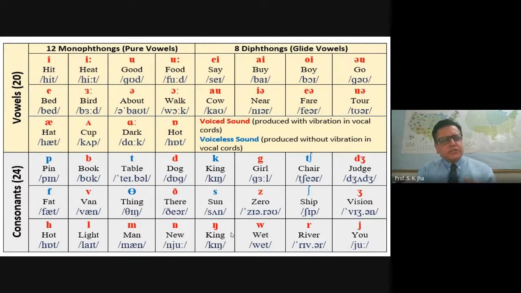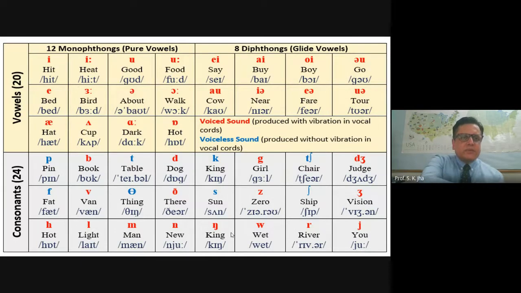In pure vowels, the first vowel sound is the smallest, small E sound. Its length is smaller than the longer E. So as in hit. Then E, I colon. That is the long E sound, as in heat.